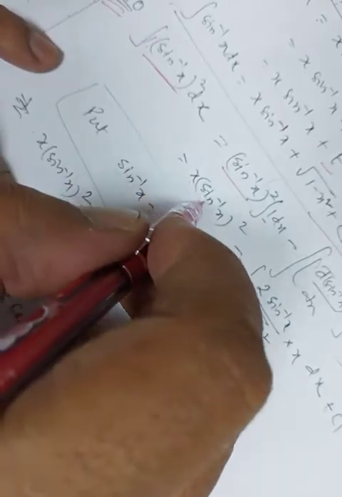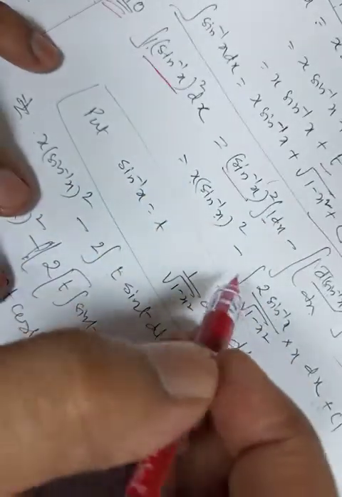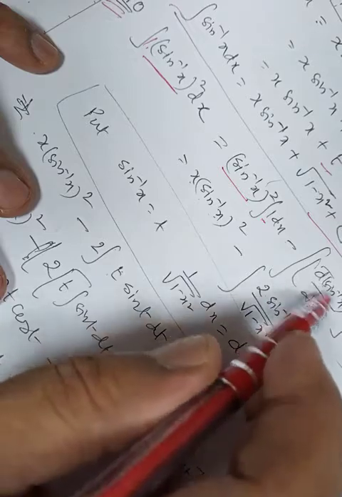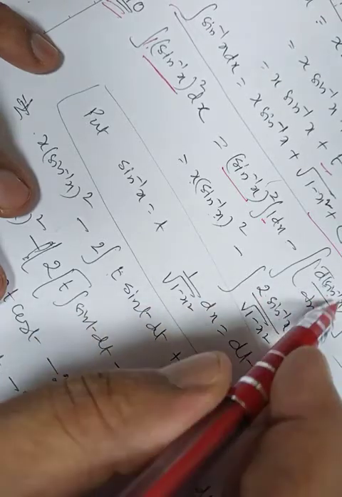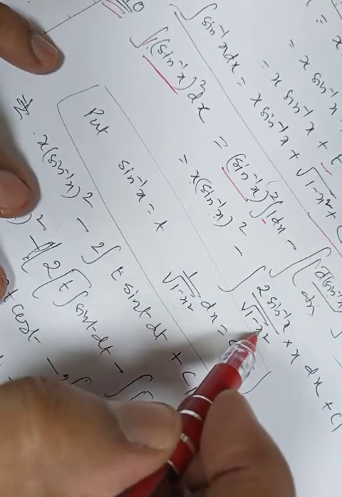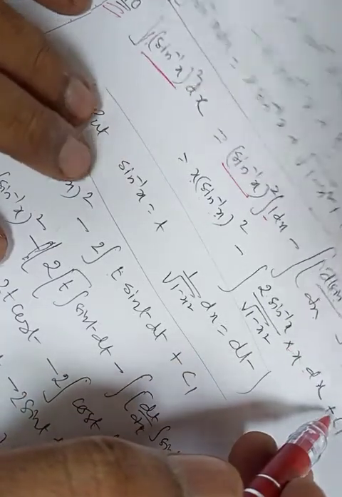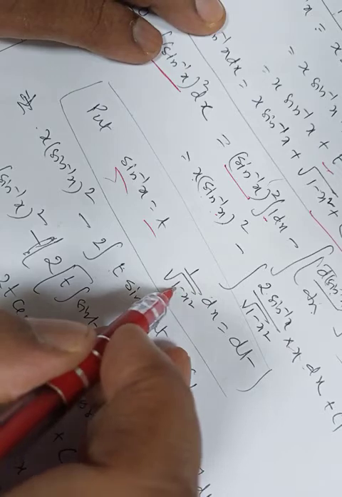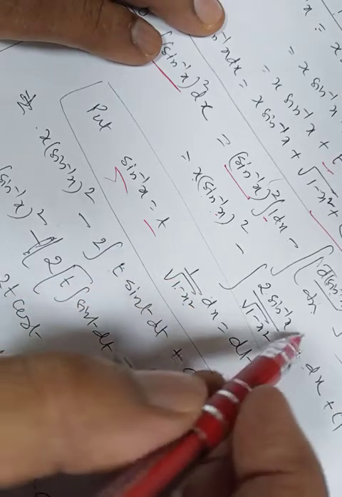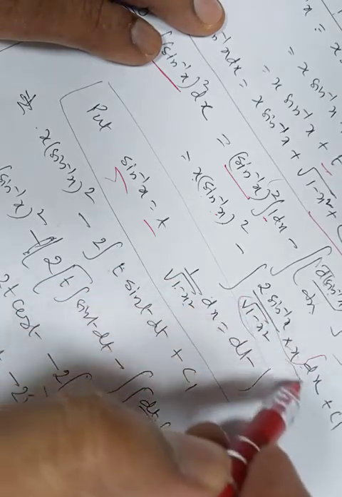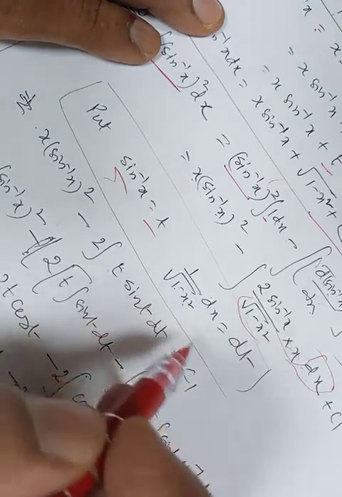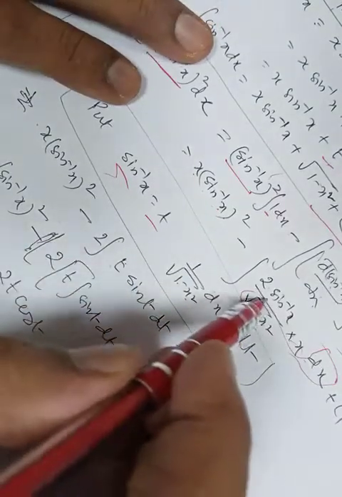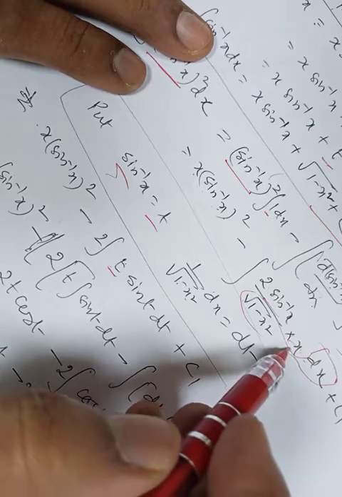So x into sin inverse x whole square, minus derivative of the square function, 2 sin inverse x, again by chain rule 1 by root over 1 minus x square, x dx. Now what will we take? sin inverse x as t, dx by root over 1 minus x square will be dt. So this became dt. Then what will we get, sin inverse x is t, and what will be x?